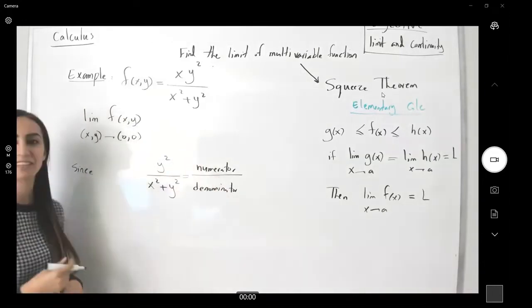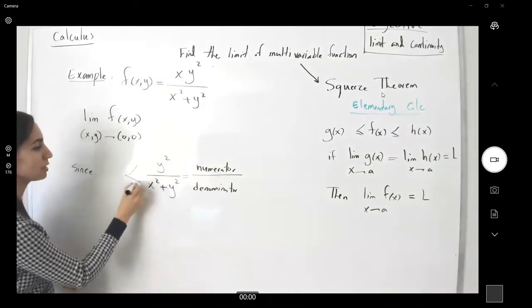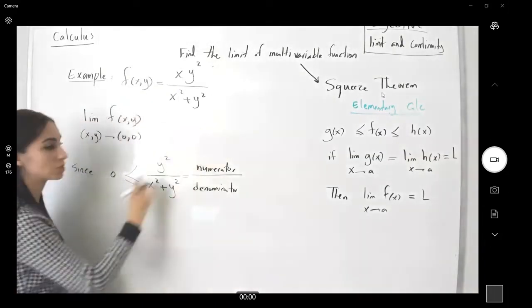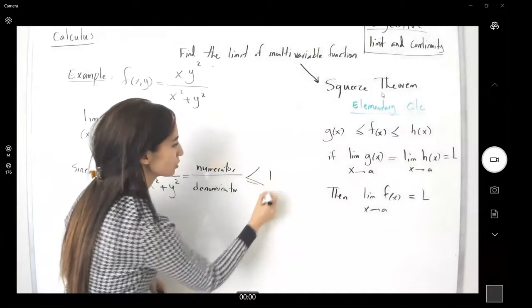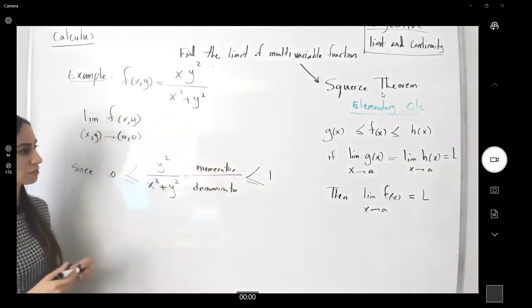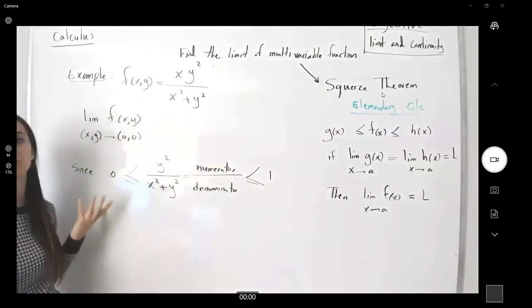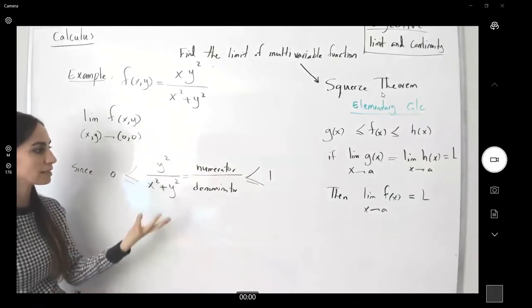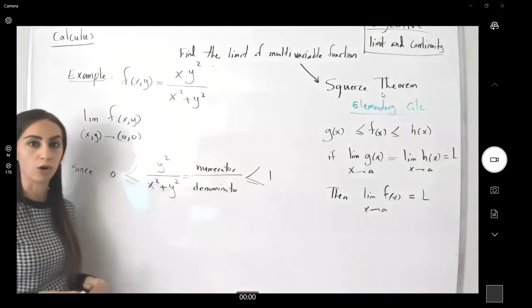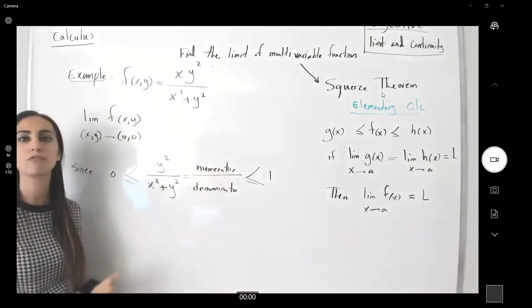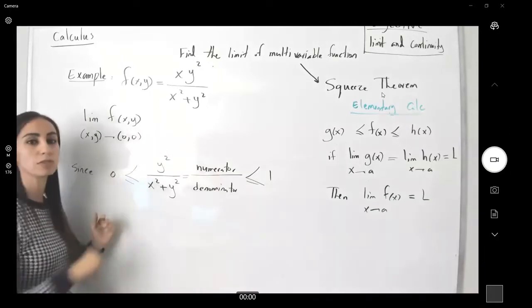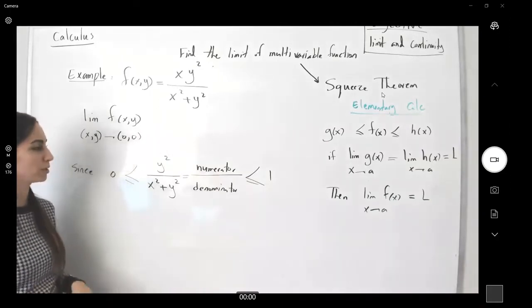So this is greater than or equal to 0 and less than or equal to 1. This is just an algebraic fact. Since this is bounded between 0 and 1, the absolute value of this expression is also bounded between 0 and 1.